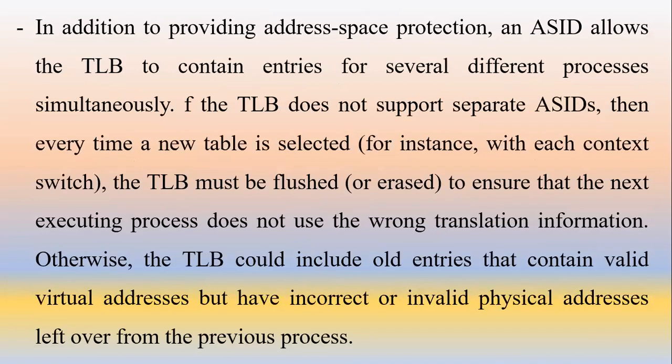In addition to providing address space protection, an ASID allows the TLB to contain entries for several different processes simultaneously. If the TLB does not support separate ASIDs, then every time a new page table is selected, for instance, with each context switch, the TLB must be flushed or erased to ensure that the next executing process does not use the wrong translation information.